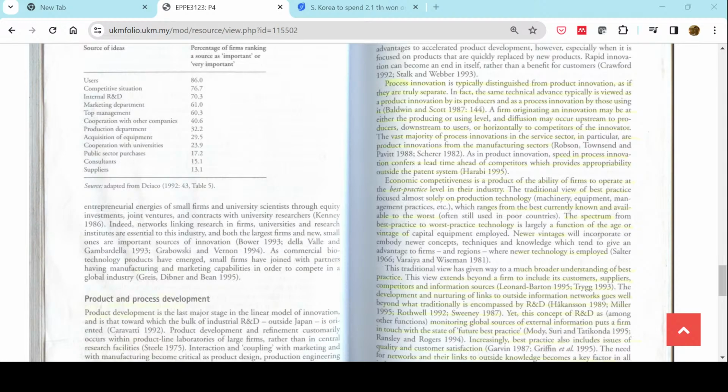So by saying that, I want to extend the meaning of process innovation beyond the factory, beyond the production of the product itself, to incorporate the logistic in and logistic out.